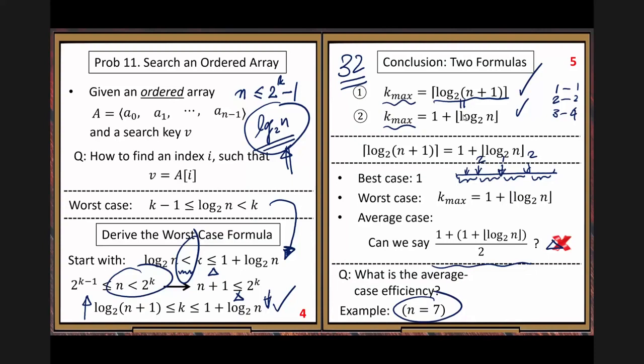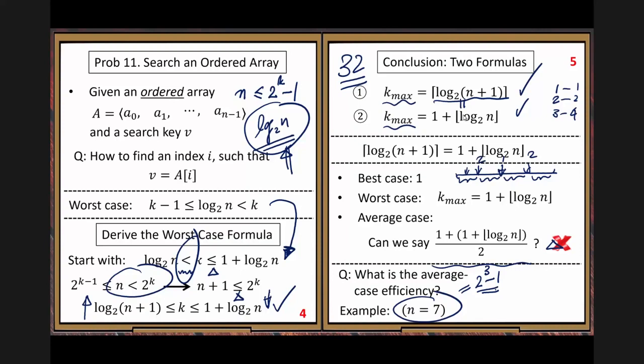This 7 is a special number, so we like to take 7. Why special? Because 7 equals 2 cubed minus 1. The special means when an array has this many elements, then when you draw a binary tree corresponding to the binary search comparisons, you will get a complete binary tree.